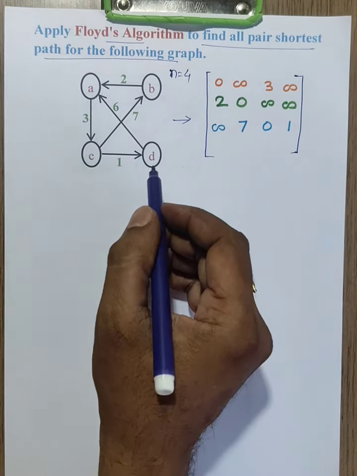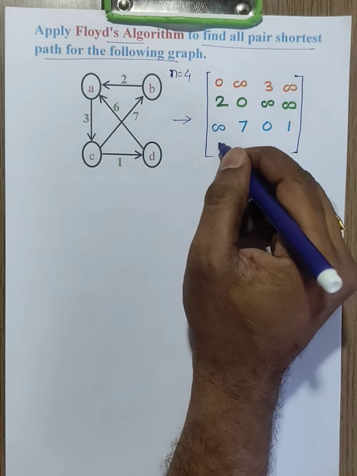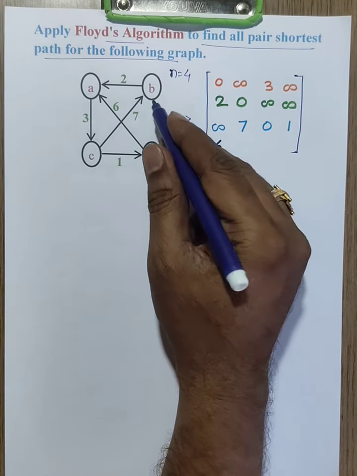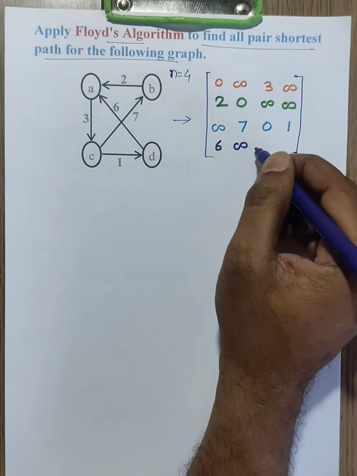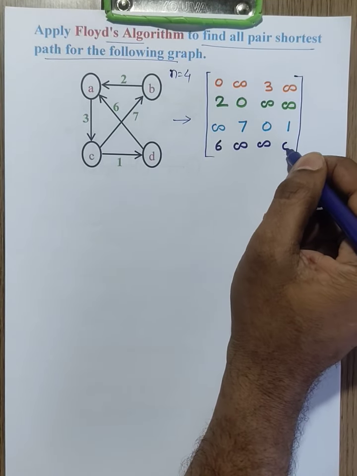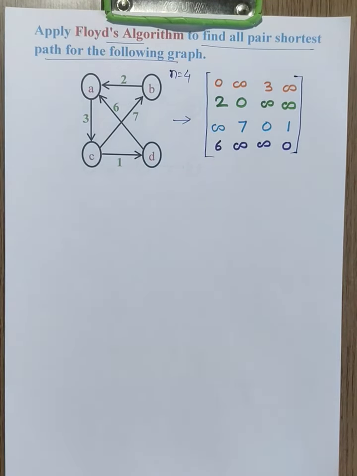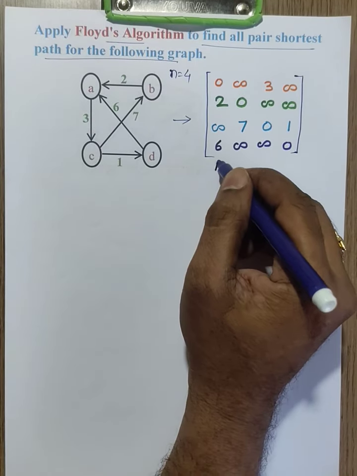Next, D to A is 6, D to B infinity, D to C infinity, D to D 0. This is called the adjacency matrix.